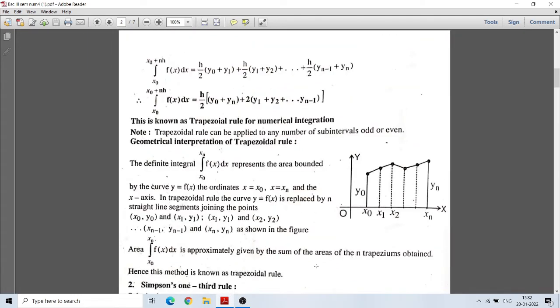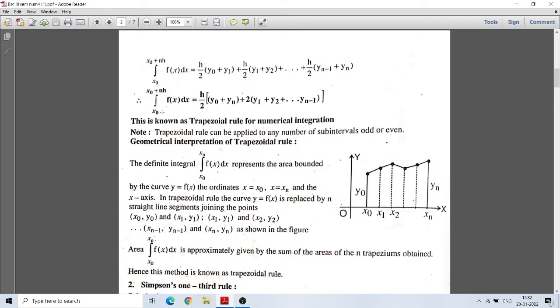Next, moving on to the final formula, we can write the integral over the limit x naught to x naught plus nh of f of x dx equals h by 2 [y naught plus y1] plus h by 2 [y1 plus y2] plus h by 2 [yn minus 1 plus yn].